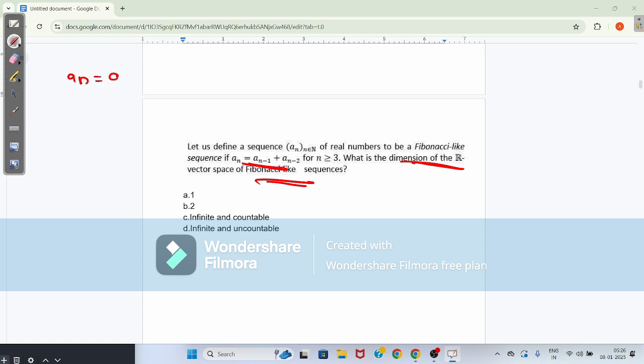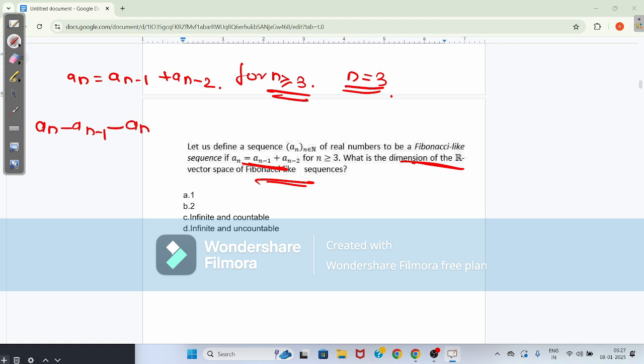an is equals to an minus 1 plus an minus 2 for n is greater than or equals to 3 here. So substitute the value of n as 3. When you take an minus 1 minus an minus 2 is equals to 0, this becomes the dimension of Ax equals to 0, which means this is the nullity.